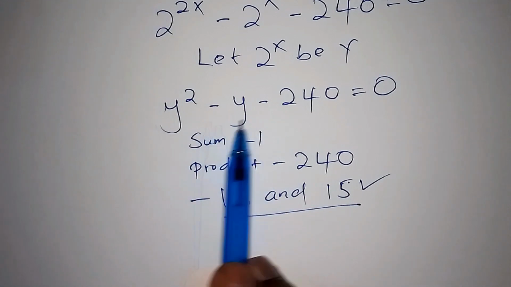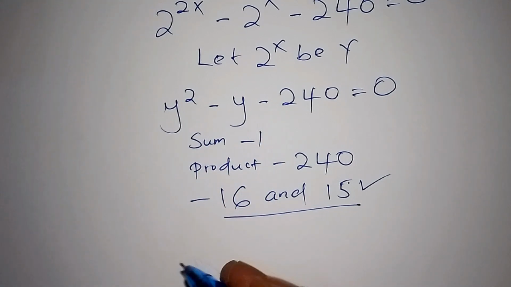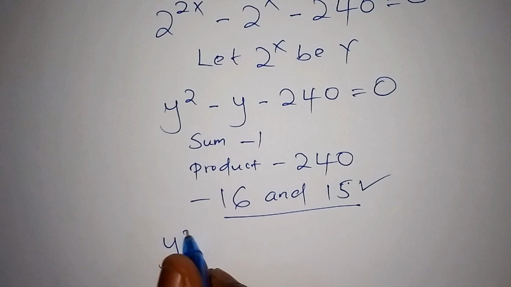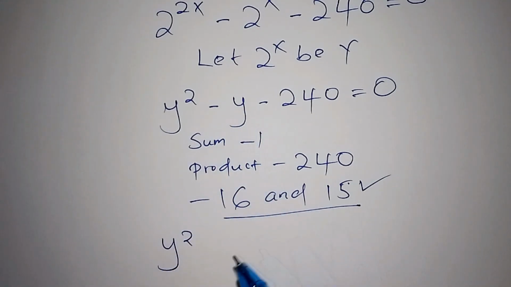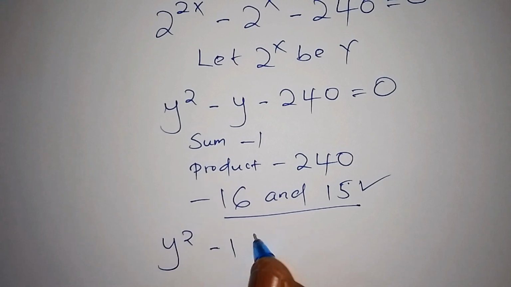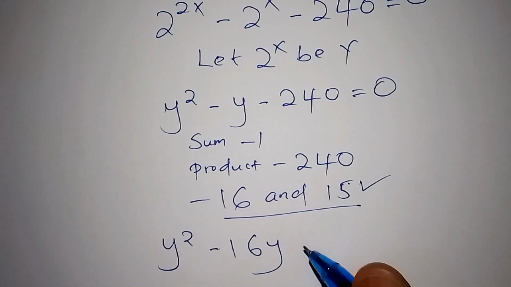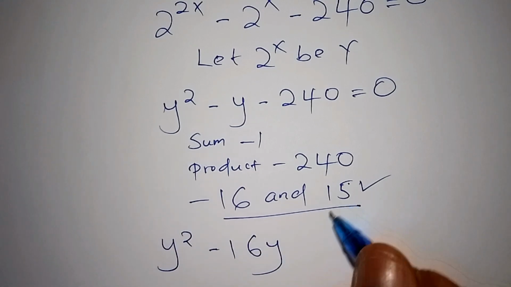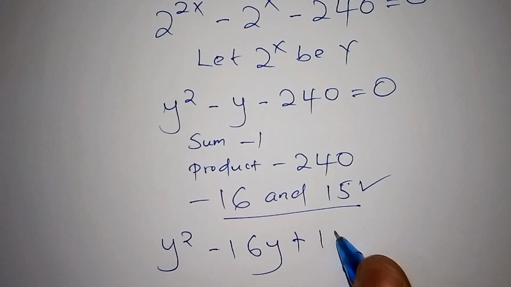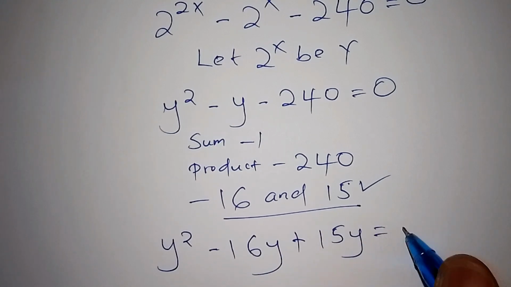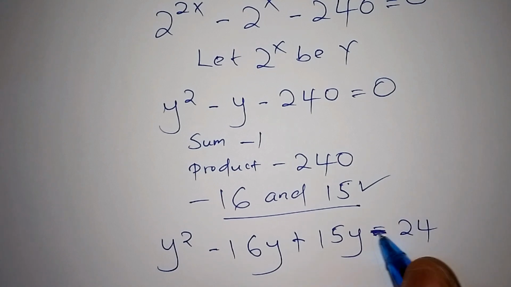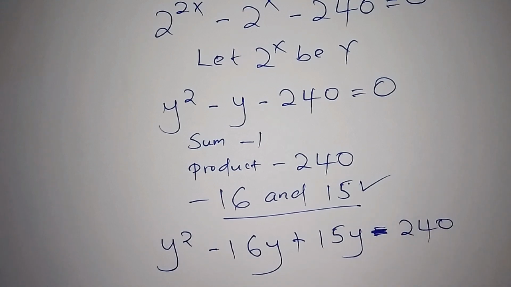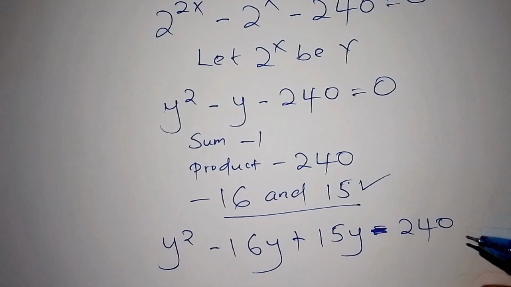So let's now use them in this equation. So in this case we shall have y squared, and instead of writing minus y, we write all this. So y squared minus 16y. Then from there we shall have plus 15y, because this one is positive, plus 15y should give us minus y, then minus 240, and all of this is equal to 0.